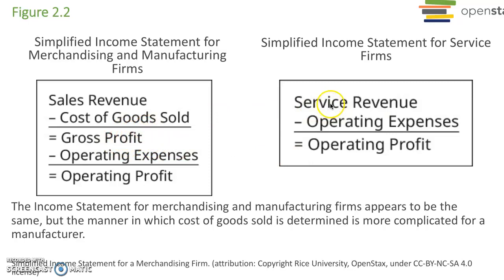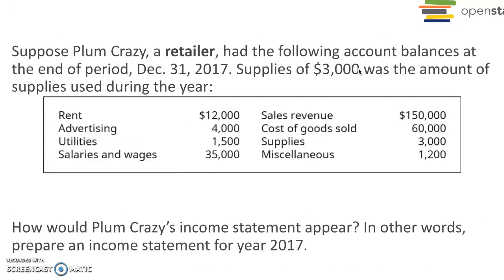The difference between the service revenue and operating expenses is their operating income or operating profit. Now, the balance sheet for merchandising, manufacturing and service companies: one of the main differences is the fact that a service company does not have an asset called inventory, whereas merchandising and manufacturing companies do have inventory.